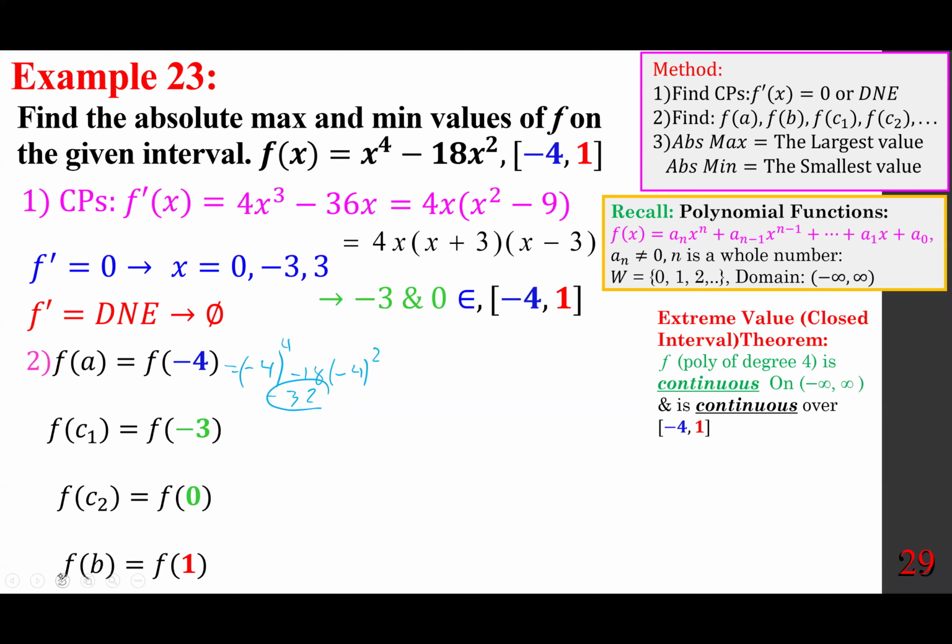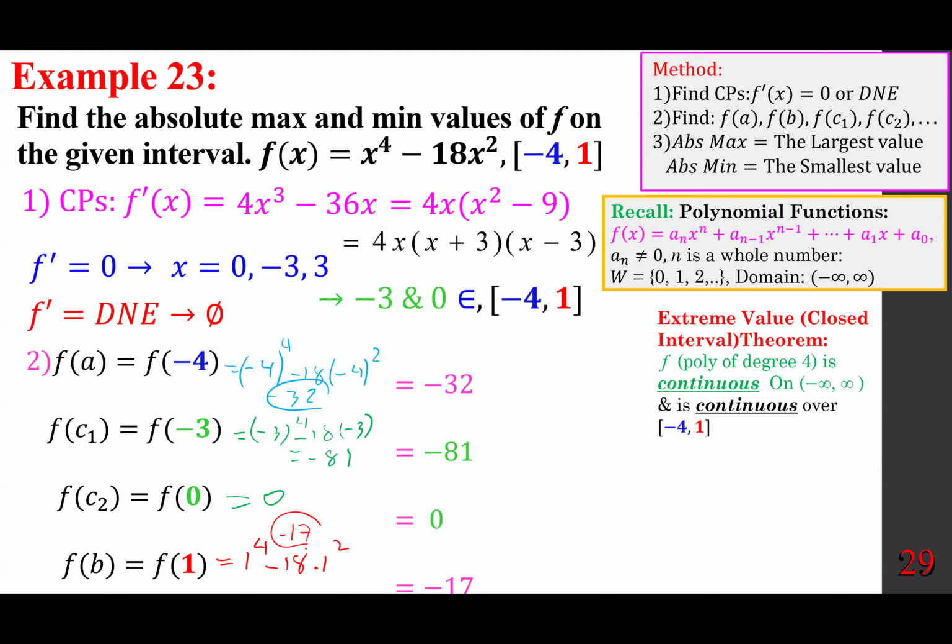For negative 3, you get negative 3 to the power of 4, minus 18 times negative 3 squared, and if you work it out, you end up with minus 81. 0 gives you 0. And 1 gives you 1 to the power of 4 minus 18 times 1 to the power of 2, which gives you 1 minus 18 or minus 17.